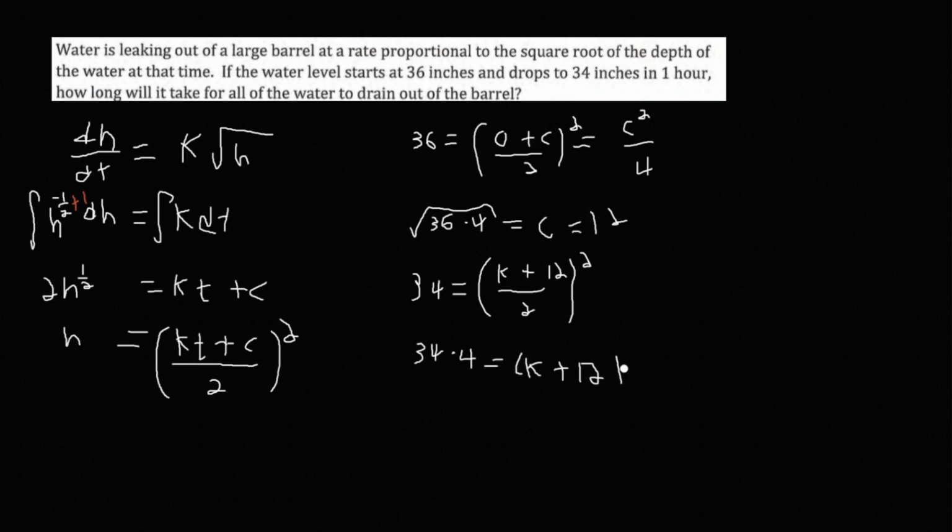The quantity, that looks like a 1 on the other side. k plus 12 quantity squared. But we can square root this side. And we know that this is 2 times 2. So we can pull out a 2. So this is 2 square root 34.